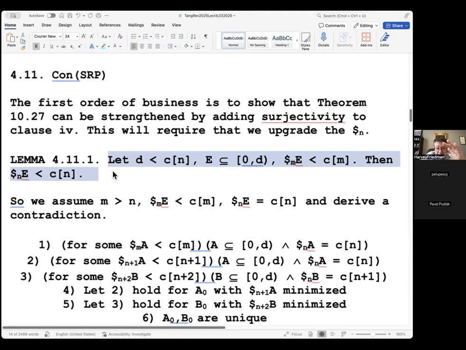In other words, we want to pull it down. We can assume M is bigger than n. So suppose we have dollar sign of M of E is less than Cm, and dollar sign of n of E is Cn, and we want to derive a contradiction.